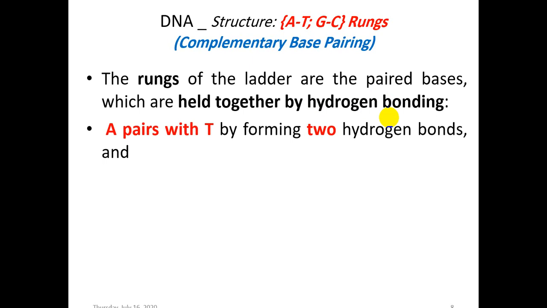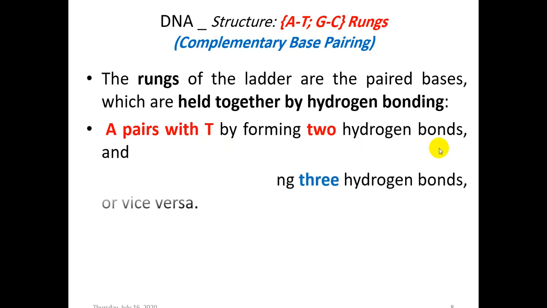A pairs with T, forming two hydrogen bonds, and G pairs with C, so guanine with cytosine, forming three hydrogen bonds. So this is 2 and here 3.